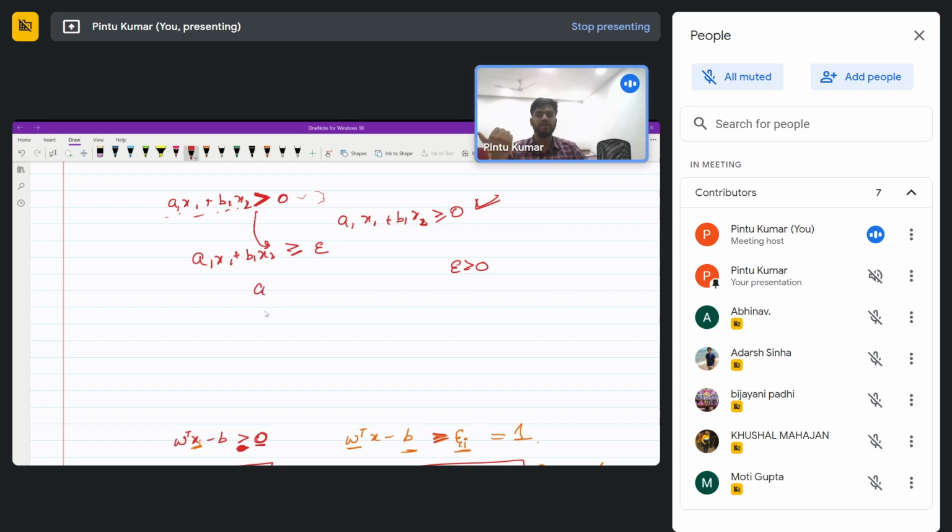For example, you can get something like greater than or equal to 0.2. So is this step clear, that if you replace this strictly greater than 0 by epsilon, you can get greater than or equal to epsilon? Is this clear?